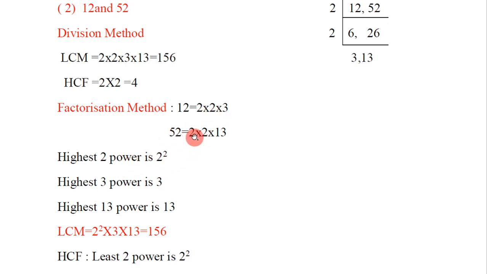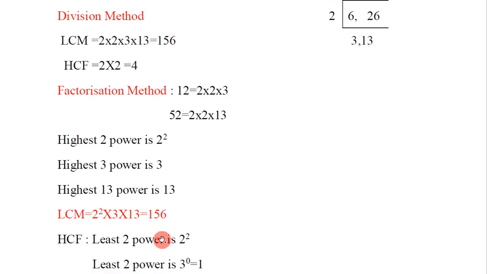Highest power of 3 is 3 power 1 here, 3 power 0 there, so the highest is 3 power 1. Highest power of 13: no 13 here, 13 power 0, and 13 power 1, so it is 13. Their product, 2 square into 3 into 13, is the LCM, which is 156.